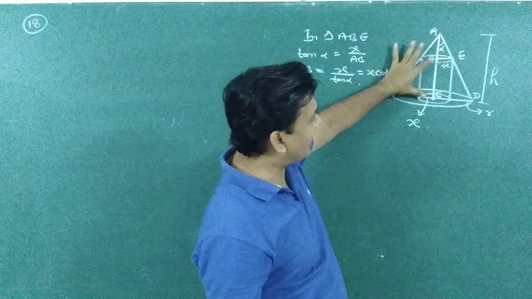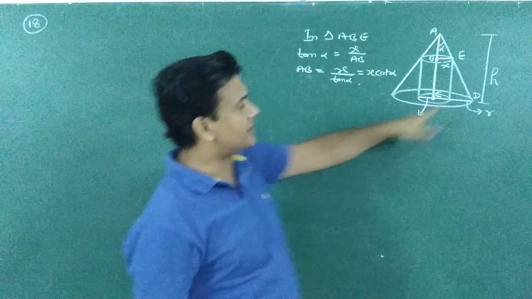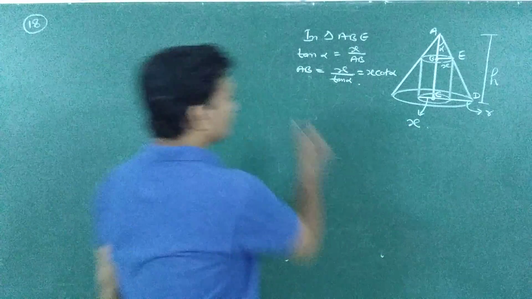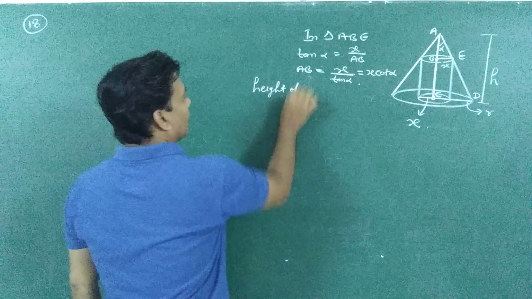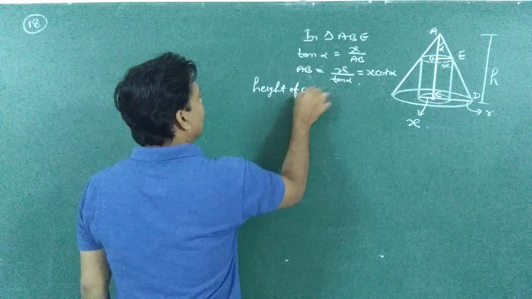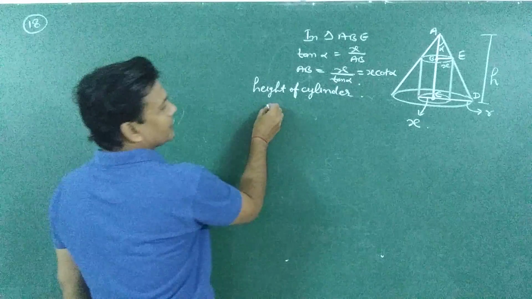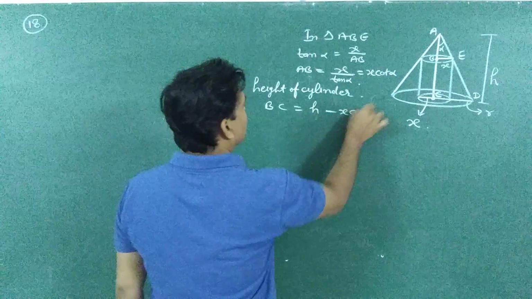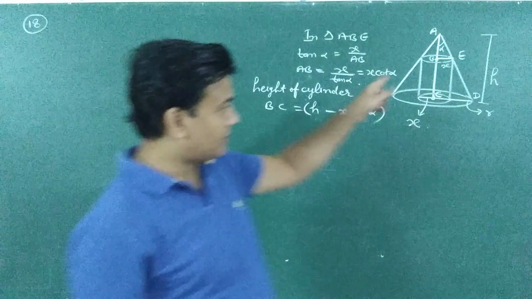And now to find the height of the cylinder, that is BC, subtract this x cot alpha from h. The height of the cylinder is given by BC, that is h minus x cot alpha. This is our height of the cylinder.